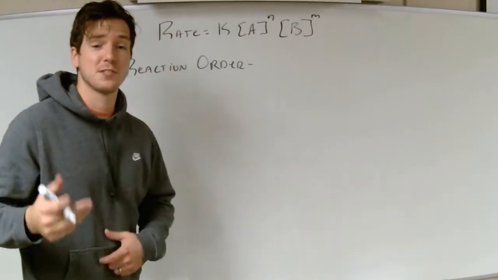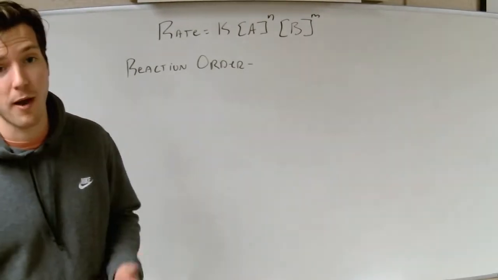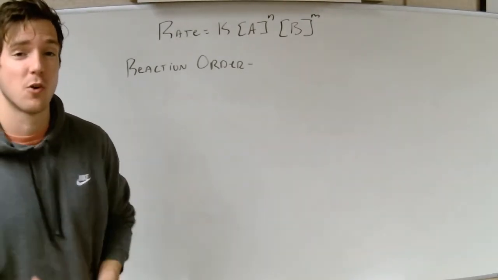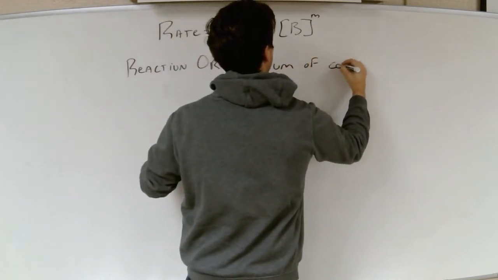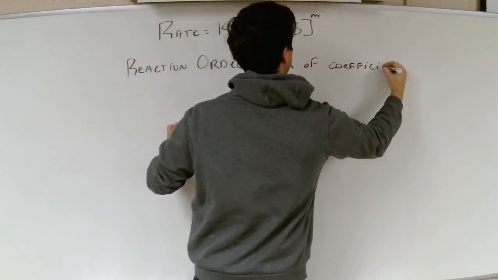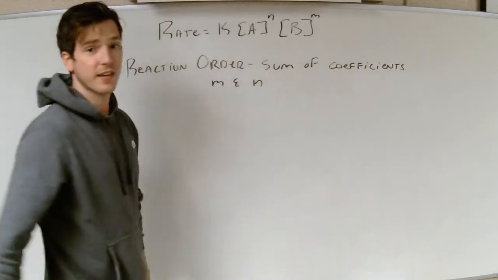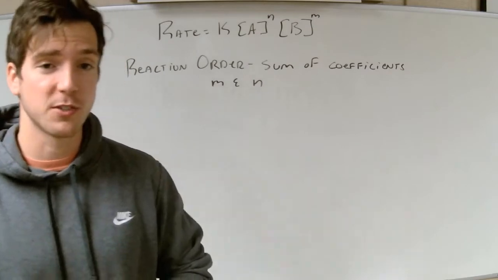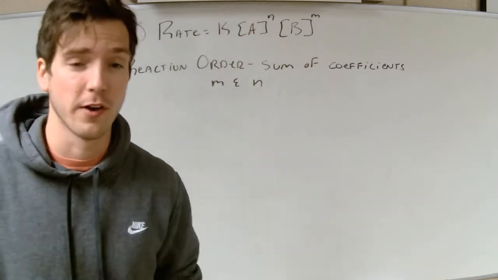But before we start actually talking about how we're going to solve for N and M, we got to talk about reaction order. Reaction order is just the sum of coefficients M and N. Okay, so we add up all those coefficients, N and M, and then that will tell us the overall order of our reaction.